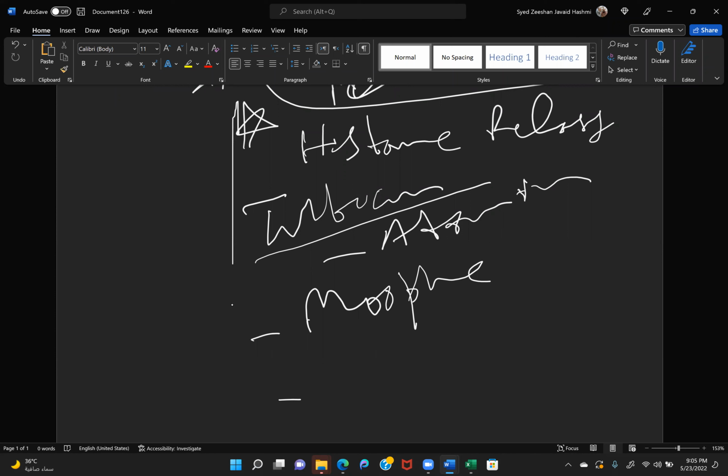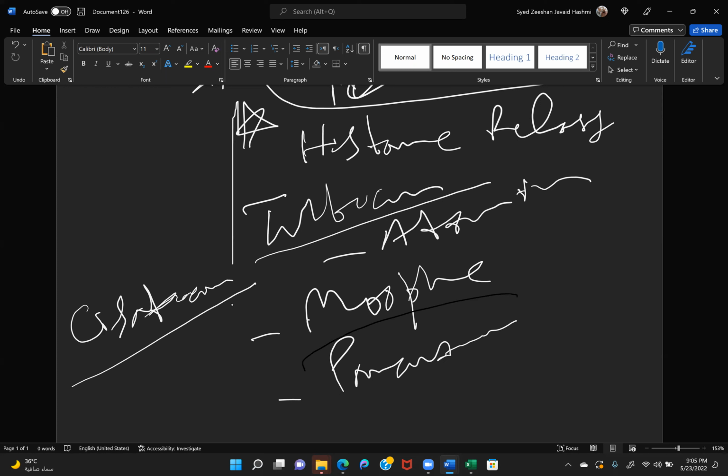Pancuronium, I think also. Actually, pancuronium does not release histamine, it's vagolytic. Only cisatracurium does not release. The rest, I think all of them can release histamine.